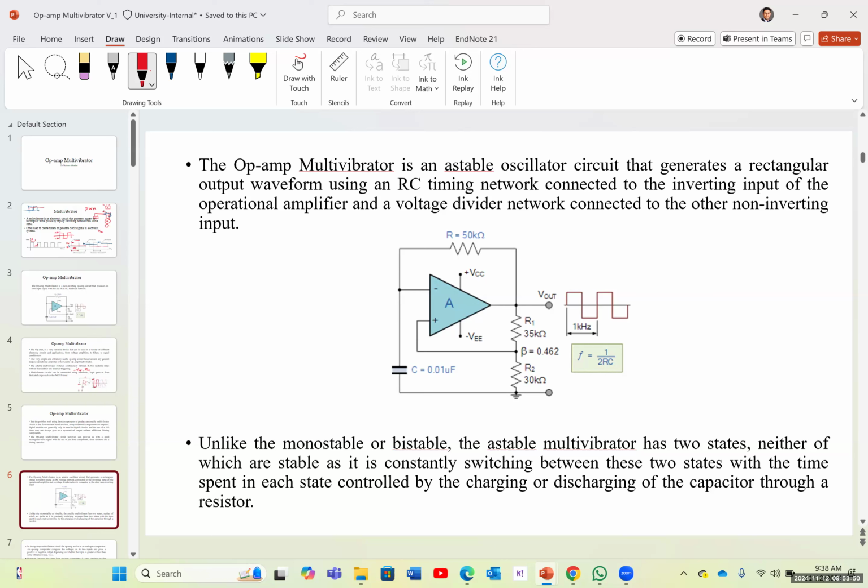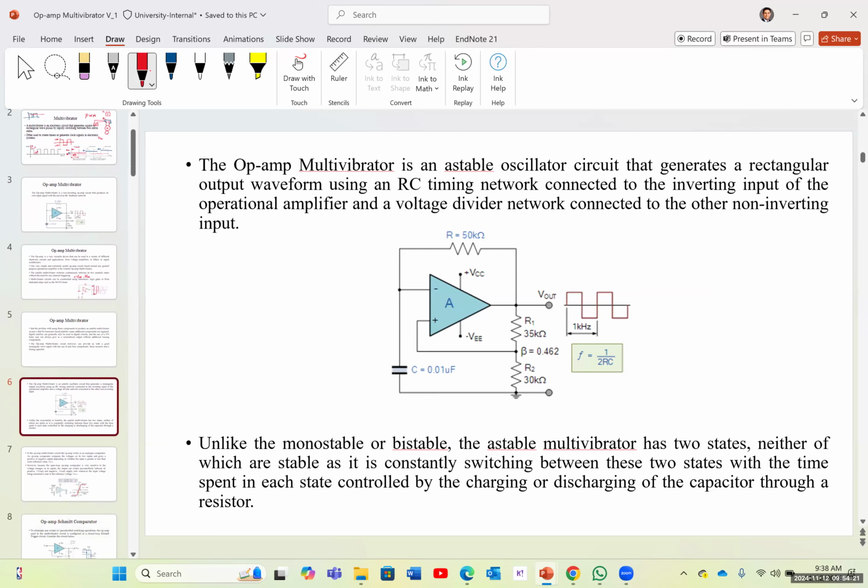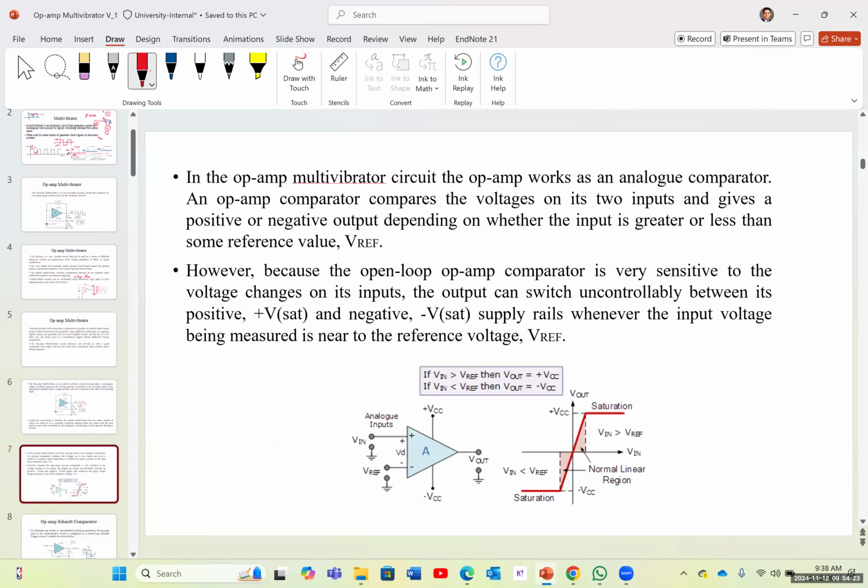Unlike the monostable or bistable, the astable multivibrator has 2 states, neither of which is stable, as it constantly switches between these 2 states, with the time spent in each state controlled by the charging or discharging of a capacitor through a resistor. We can change this capacitor or the resistor, and I will show you how we can control the width of the signal, or the width of the output pulse.